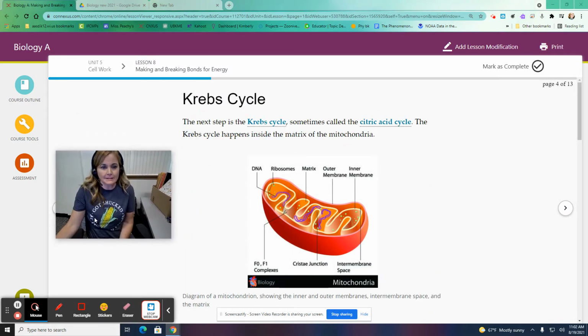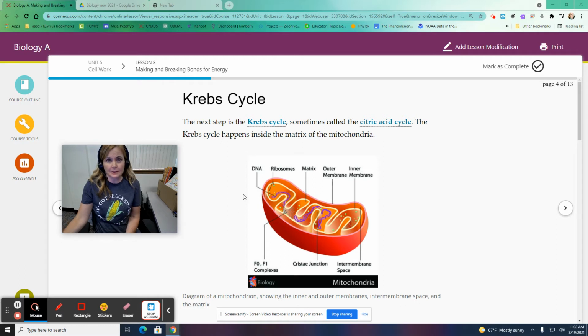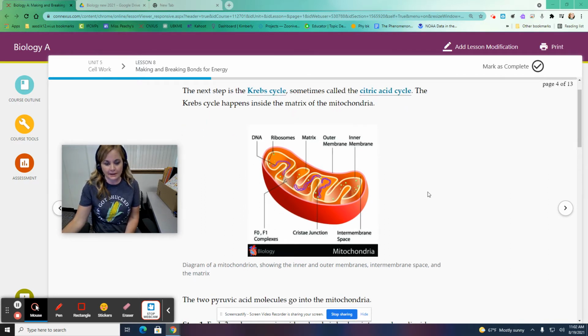The next step is the Krebs cycle. The Krebs cycle is where we further break down that sugar. Now we have the pyruvate, and there are 2 pyruvates for every 1 glucose. These go into the mitochondria.